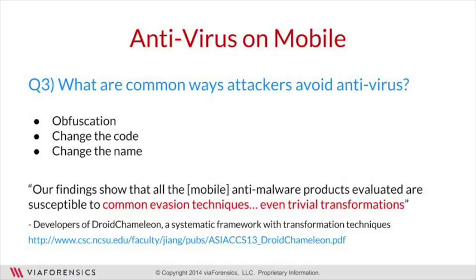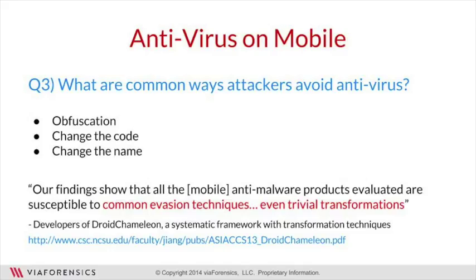They can change the code substantially, even if it's a technique that's sort of been seen before. They can apply that heavy obfuscation. They can put it into native code and make it very hard to detect. So there was a study done by Northwestern and NC State where they created this Droid Chameleon, which applied different malicious techniques, and they ran it through a variety of the anti-malware scanners for Android to see what they would catch.